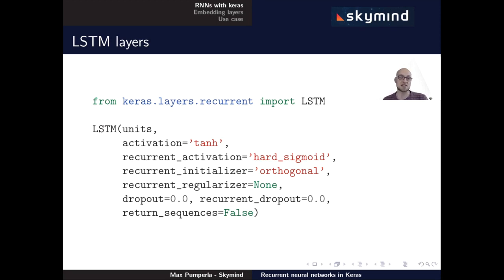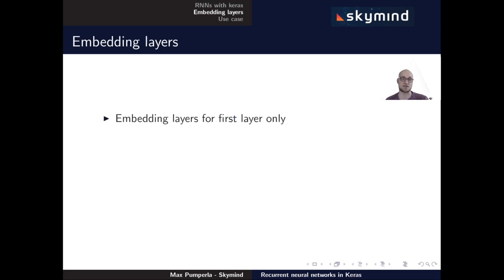If you set it to true, then the return value of your LSTM won't be a simple vector, but a matrix instead. You go through different time steps, and at the end, the output is usually one vector. If you set return sequences to true, you will also get returned all the intermediate values, ending up with a matrix.